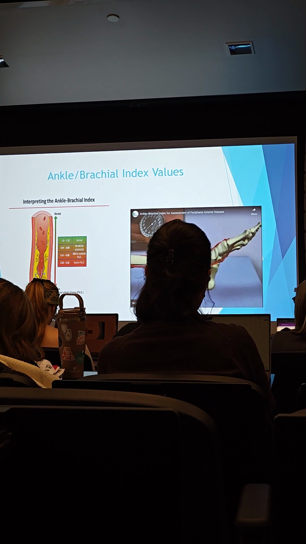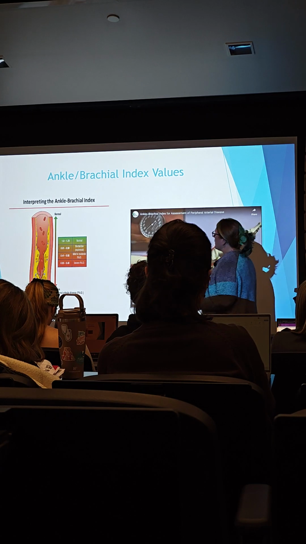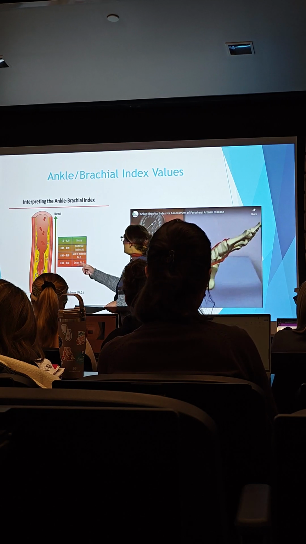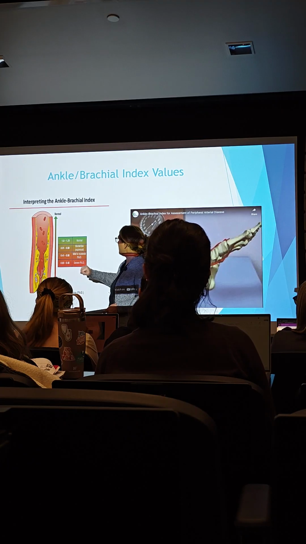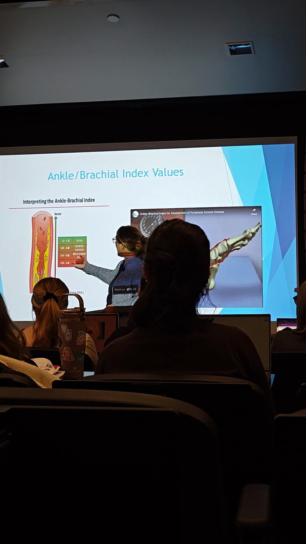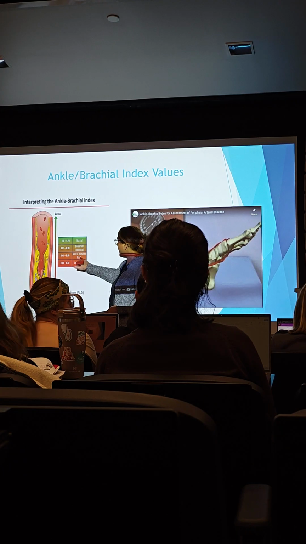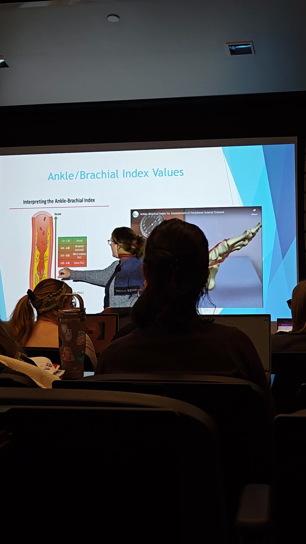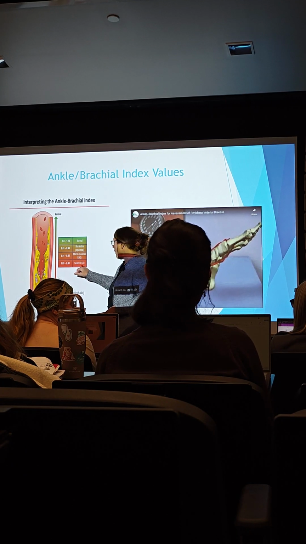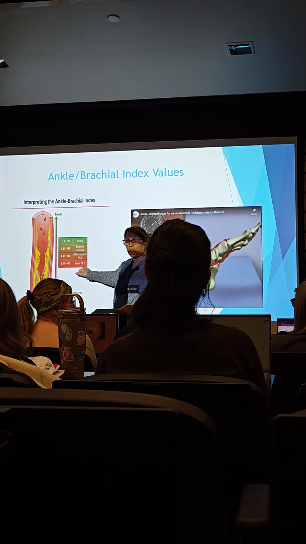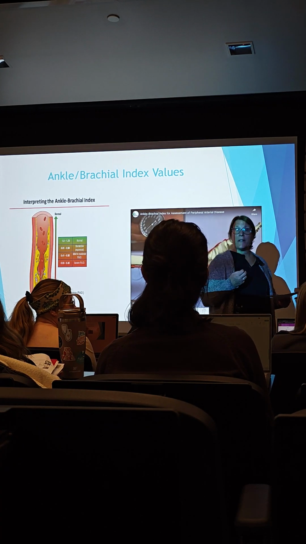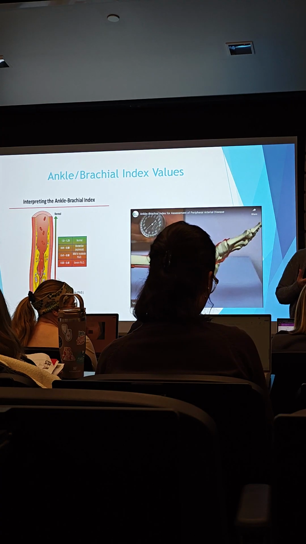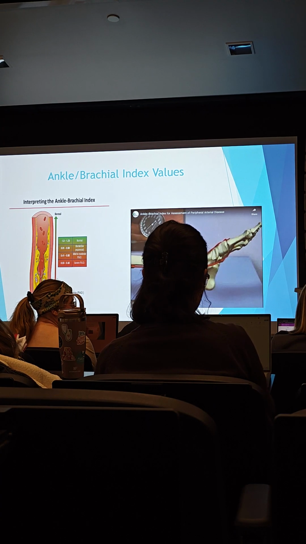So this slide says 1.29, this is weird, 1.19 for the quarter line. Mild to moderate is 0.41 to 0.9, so mild to moderate PAD. And 0 to 0.4 is severe peripheral arterial disease. So this is non-invasive and reliable. It's the first test to do to see where they are.